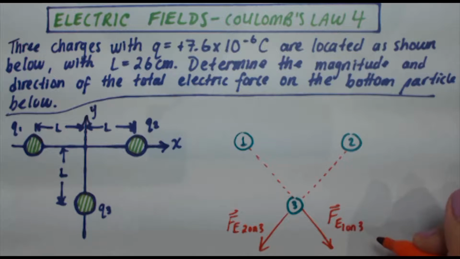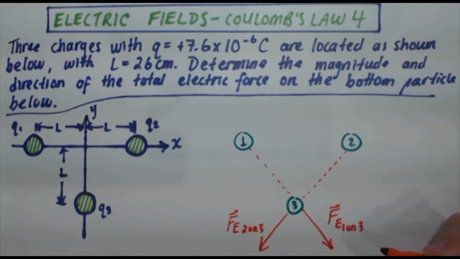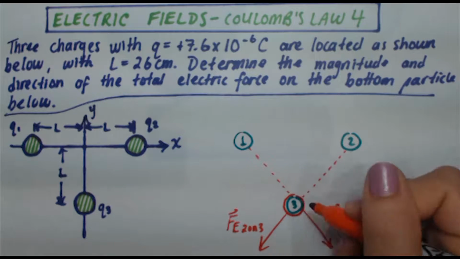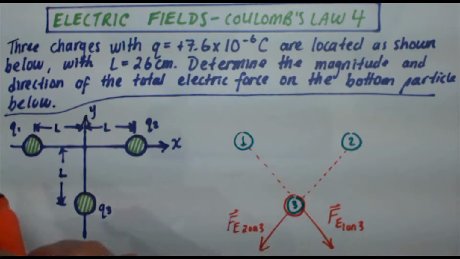In problems like this, the gravitational force is negligible. Again, because all the charges are the same magnitude and same sign, we're going to experience a repulsive force at Q3. Because our forces are going off at different angles, we want to establish a coordinate system like we have up here.